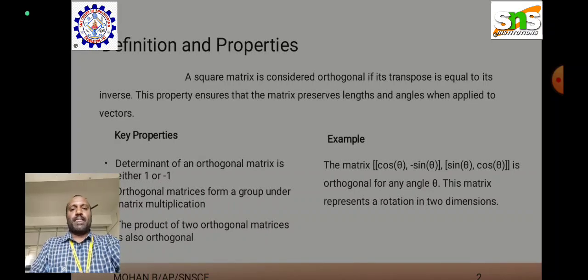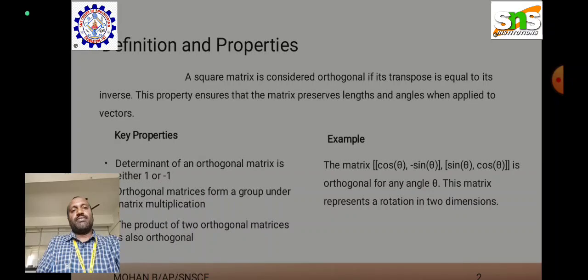Orthogonal matrices are used in various places, and the purpose is to use A transpose into A equal to A into A transpose, which is the identity matrix.